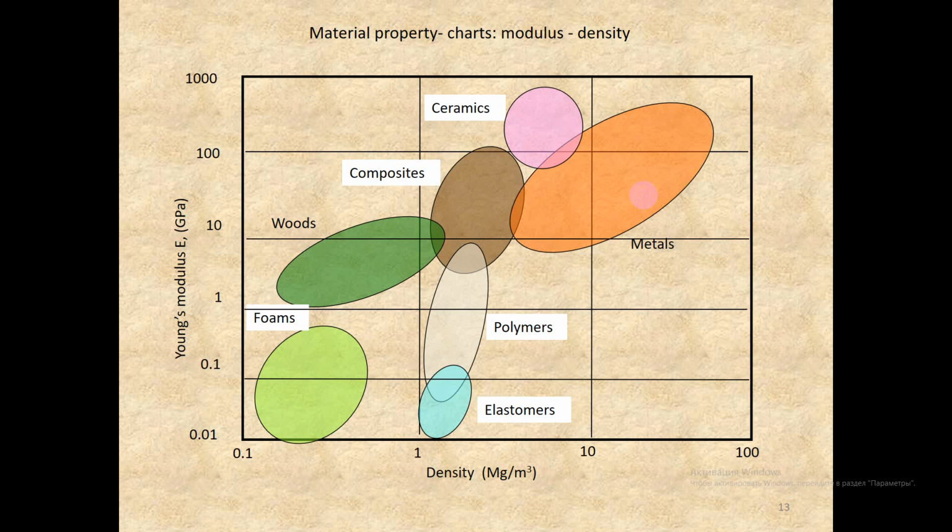If we make the composite in the correct way, we can obtain a material with a stiffness approaching that of steel with a fraction of steel's density. Glass or carbon fiber reinforced plastics are examples of composites.